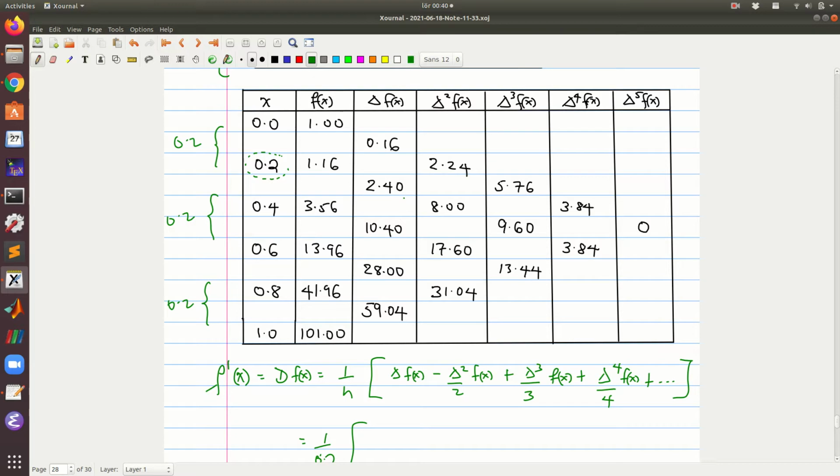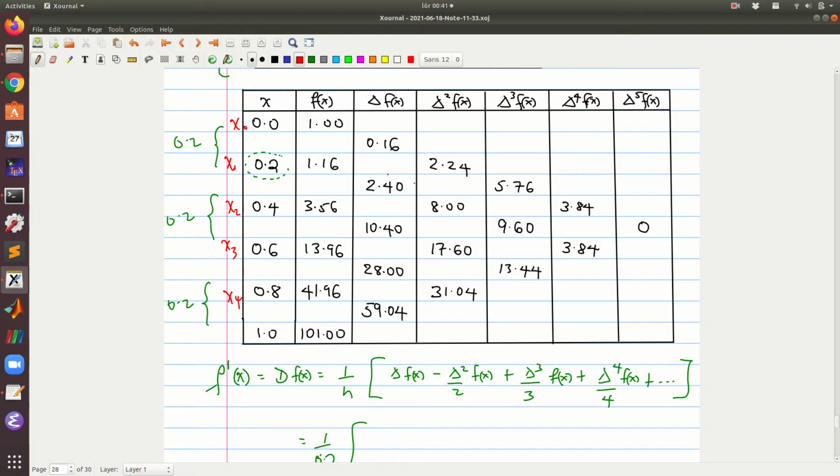In here we are simply going to look at the first forward difference, evaluated at the point x1, where this is the point x0, and this is x1, this is x2, this is x3, and this is x4.